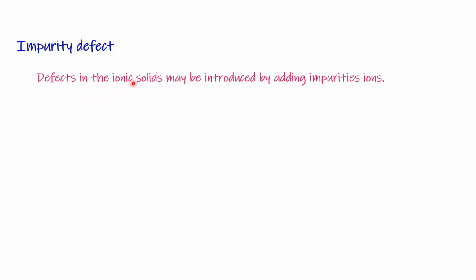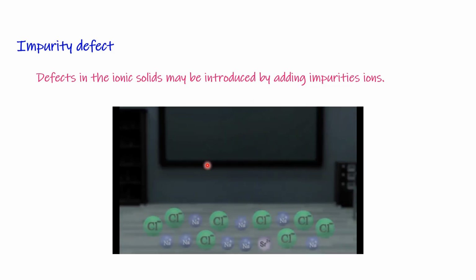Let's see now the last one, impurity defect. This defect arises due to the presence of impurity in the crystalline solid. If the impurity ions are in a different valence state, vacancies are created. Let us understand with the help of an example. Consider the crystallization of molten sodium chloride with a small amount of strontium chloride.